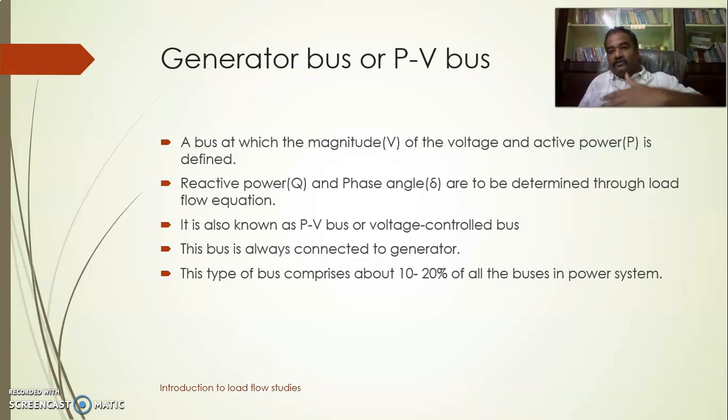If we complete the solution and finally equate generation to demand, the question arises, where are the losses? So what we do is keep one generator aside and treat it separately, and we assume that it is going to supply the losses. Now I'll make it very clear to you.